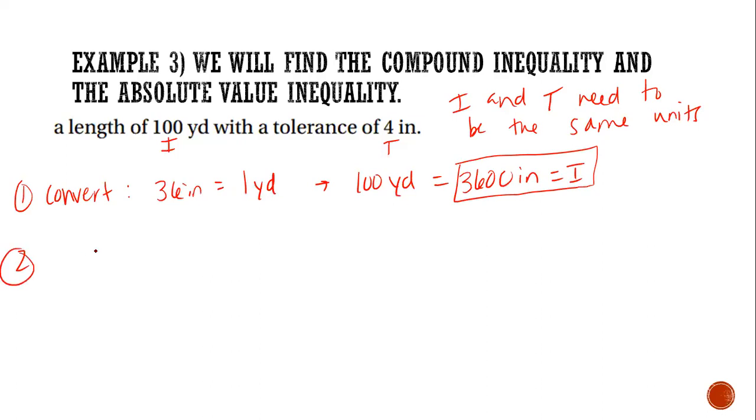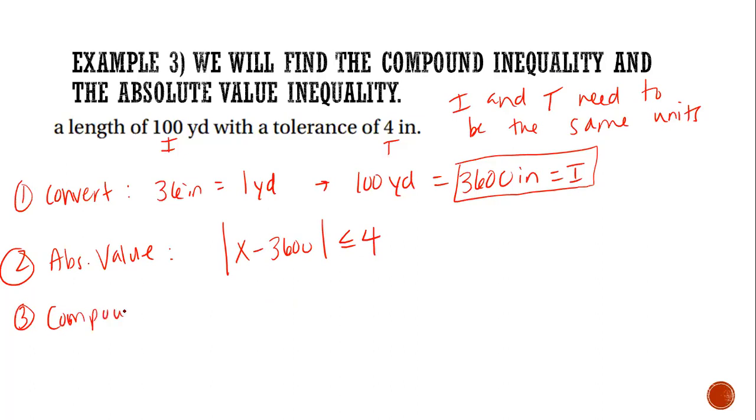And now on step 2, I can set up my inequality. So my absolute value of x minus 3,600 is less than or equal to 4. Now I'm going to solve it using the compound. So setting up my compound would be -4 ≤ x - 3,600 ≤ 4.